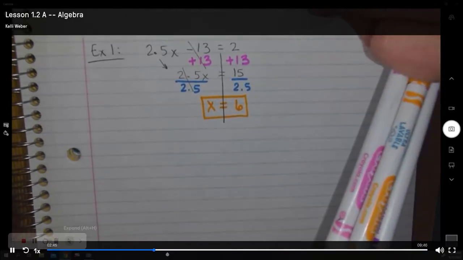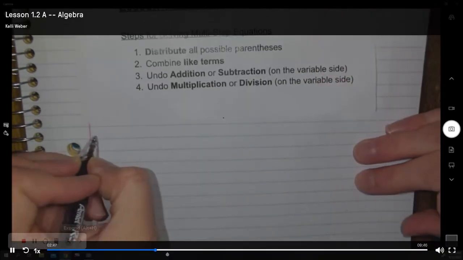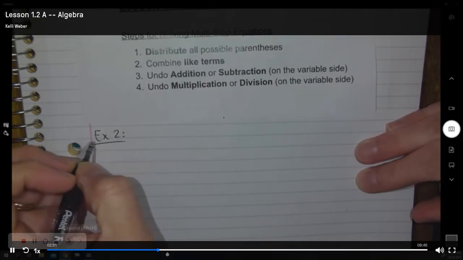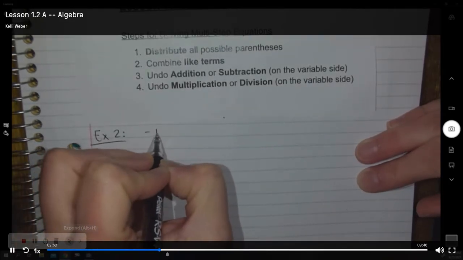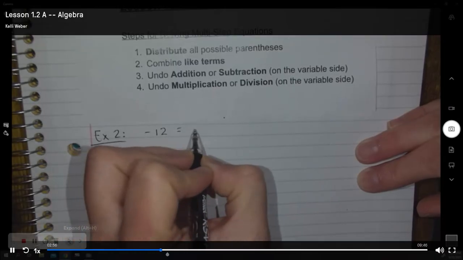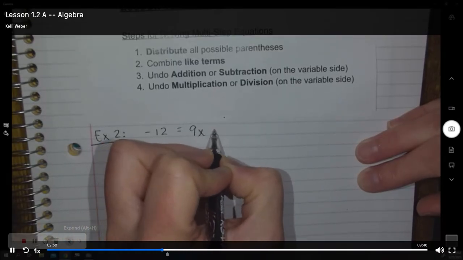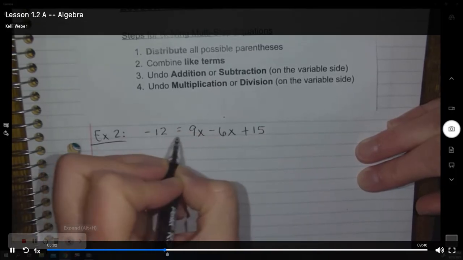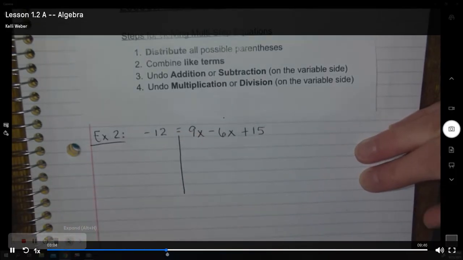So we're going to move on to example 2. In example 2, we have negative 12 equals 9x minus 6x plus 15. So we make our two sides.